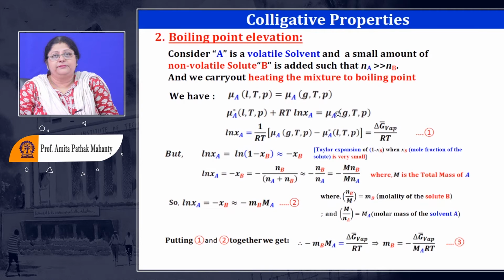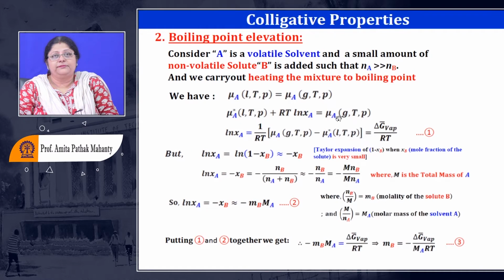In the pure state, we can write this as star because there is going to be no contribution from the solute. The vapor phase will always be purely the solvent. We do not have the solute. That is the assumption we have made, that the solute is not going to be volatile at all.